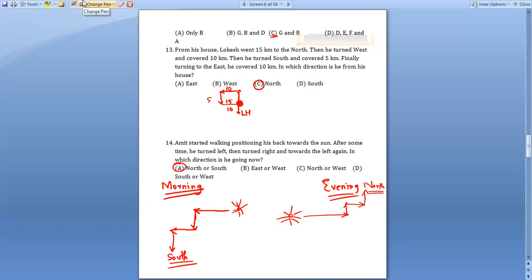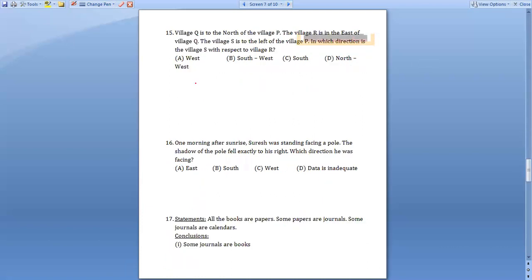So next. Question number 15. So we have 4 villages here.